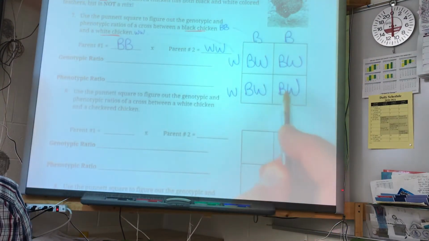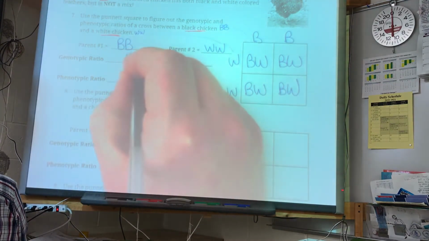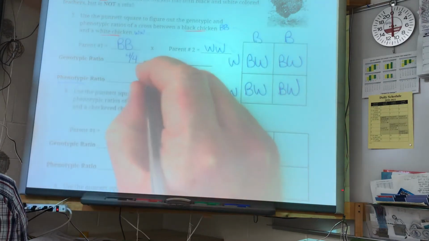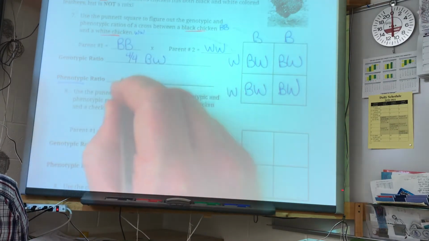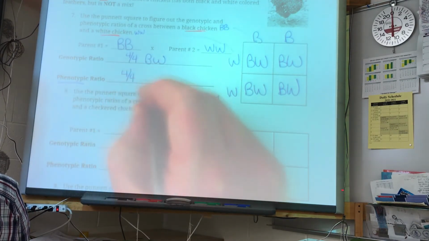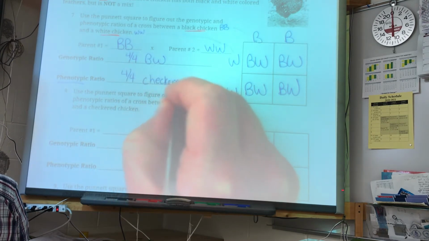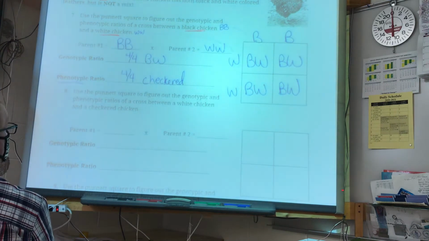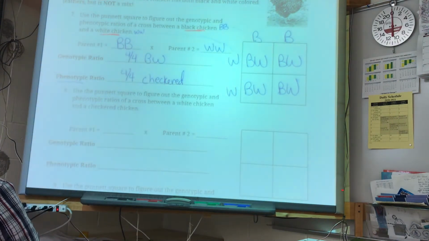The thing that is different about them is when we talk about the phenotype, they are both dominant, so both traits are going to be expressed. So checkered chicken is what they refer to it as because they have both black and white feathers being shown at the same time. That's a codominant trait.